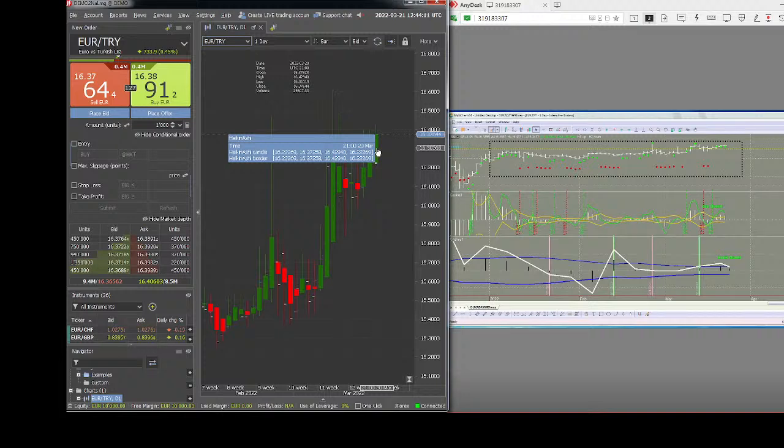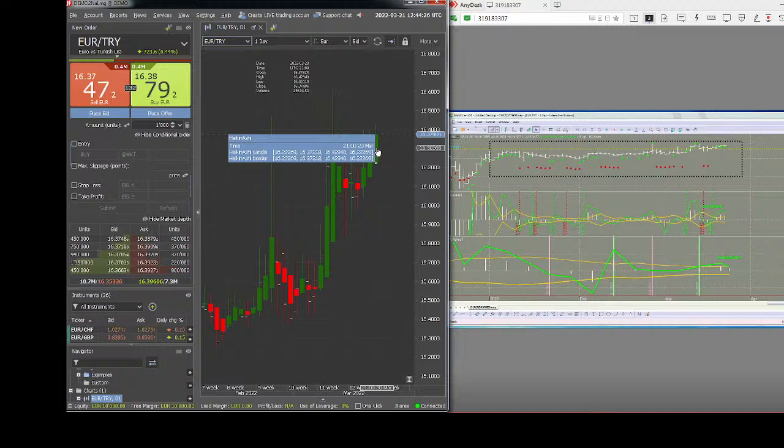There we are. Let's do the same thing here. There we are. So you see the same action. Now the daily, it's curving, but it's not heading south. So something to be concerned about.